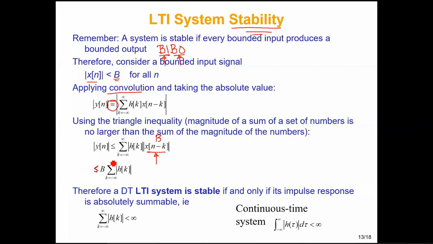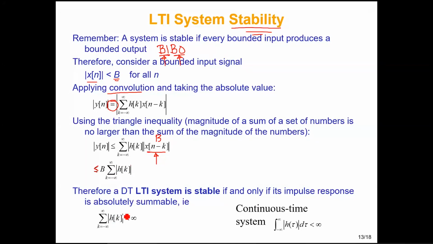Now why we were doing this: we wanted your output y of n magnitude to be less than infinity. In order for this to be less than infinity, we want this product to be less than infinity. Now this is already a constant value, so we want this also to be some finite value.